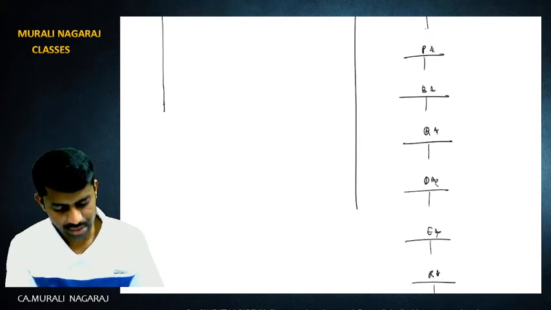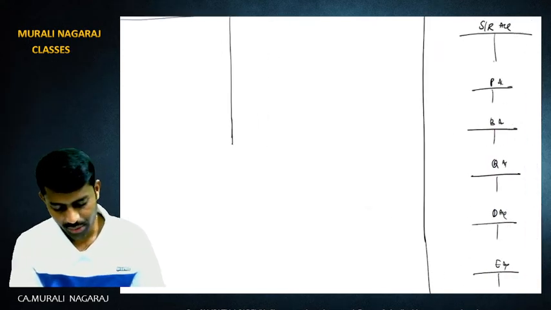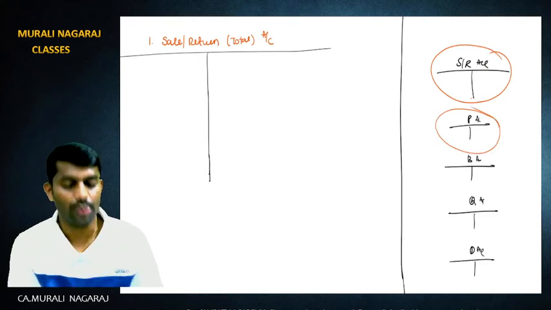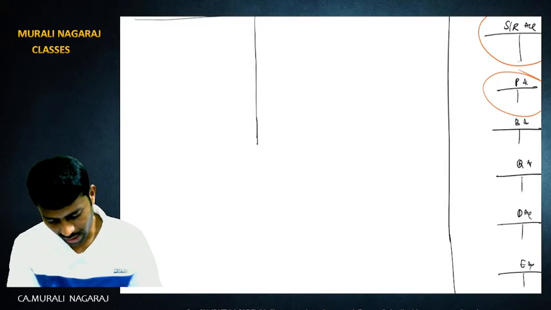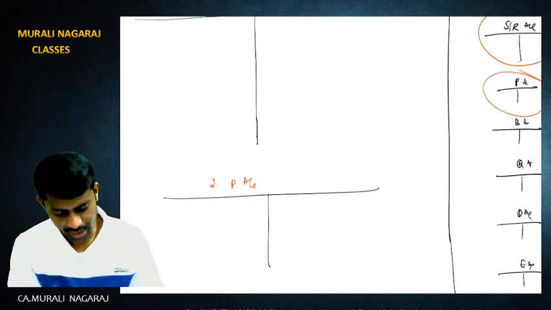Like this we are supposed to open them, but they have asked only for the sale or return account and the customer P account. So I am opening one of the customers, the P account, which will actually be in the memorandum ledger.